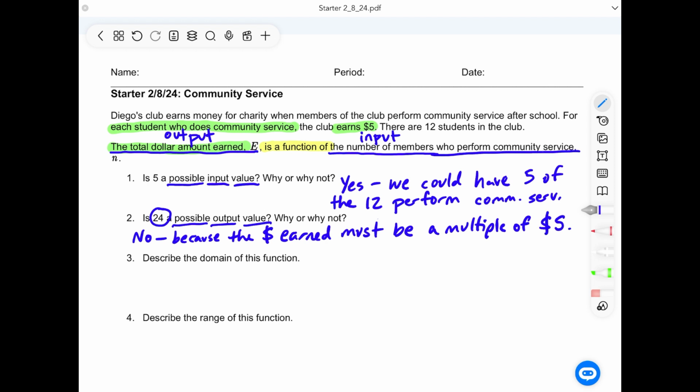So something like 5, 10, 15, 20, 25, 30, all the way up to the maximum. If you had all 12 students participating, then you would do 12 times 5, and that would give you the maximum value. And we'll see that again here in just a moment.